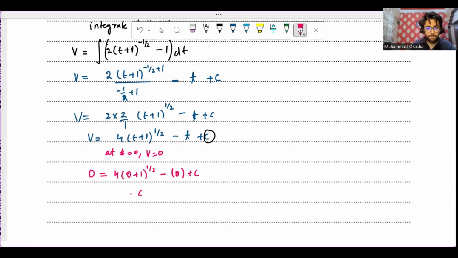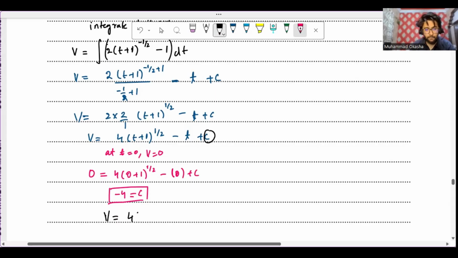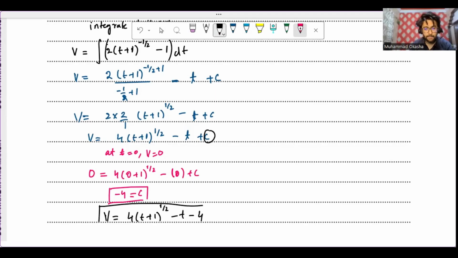And that's going to get me c equals negative 4 after a little solving. So my expression of velocity is now complete. Velocity equals 4 times (t plus 1) to the power a half minus t, and instead of c, I'm going to put a negative 4. That's the expression for velocity.